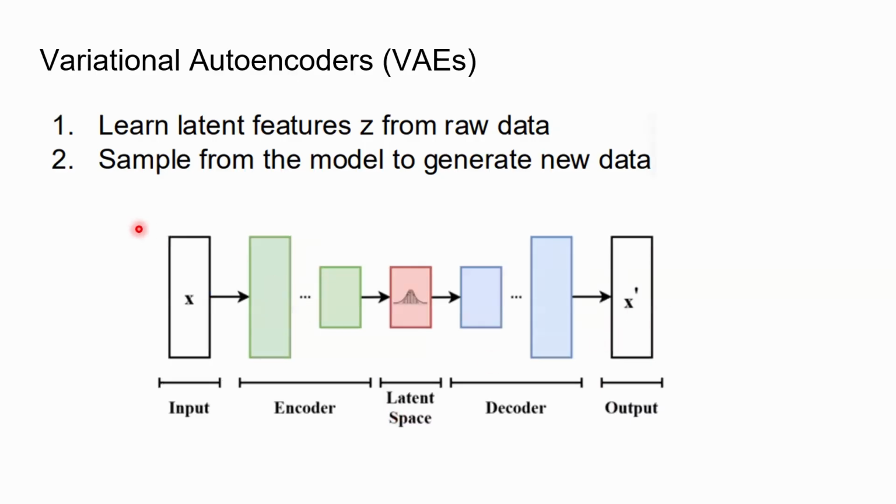Again, it's relatively simple. We have the input, we encode it into the latent space, and then we train a decoder to map it out into a new output. And then the loss will be how well it fits in with the distribution of the original input training samples.